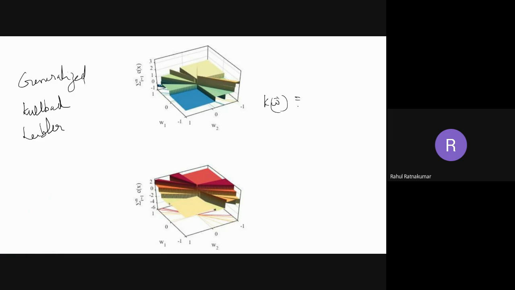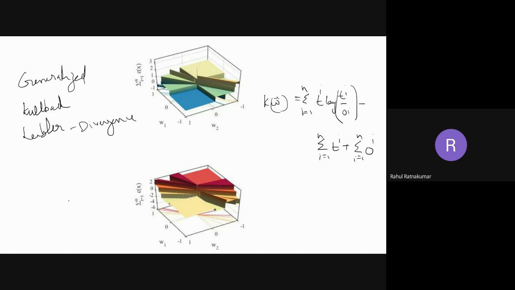This is sigma, i equal to 1 to n, t_i log t_i divided by o_i, which is similar to the Kullback-Leibler. Now this is minus sigma i equal to 1 to n of target i, plus sigma i equal to 1 to n of output. So this is the generalized Kullback-Leibler divergence. I'll share the slides.